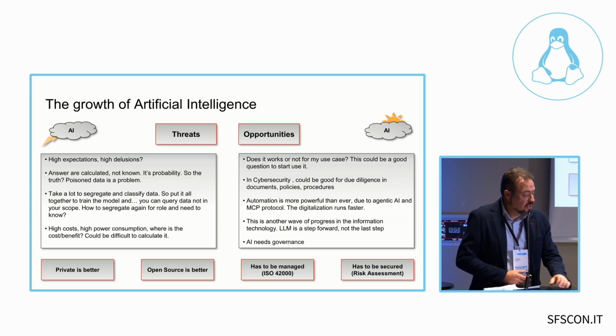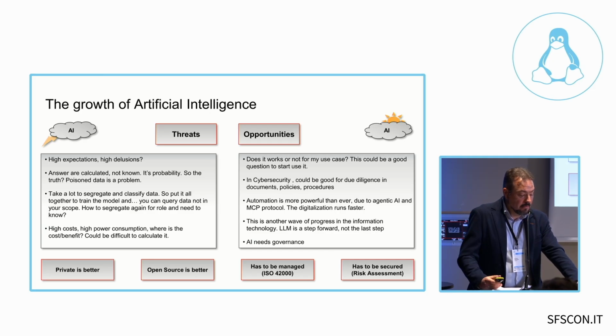There are some other questions and answers for threats and opportunities. For the threats, there are high expectations in artificial intelligence, but also there could be high delusion. We hope not, also because there is a lot of money invested in them.